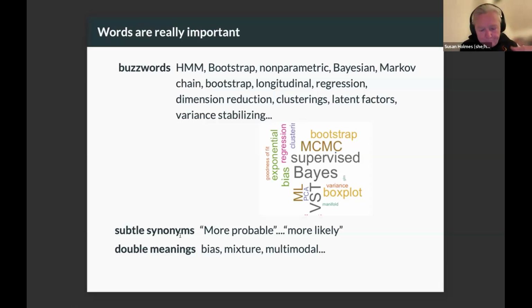And the other problem that we have is that, for instance, in statistics, if you're not technical, if you don't put yourself in the area, in some sense, of the embedding space of language, where it knows that you're doing statistics, if you use some of the words that we use, for instance, bias, mixture, multimodal, those all have meanings in everyday life that don't have anything to do with the actual meaning that we want to use.